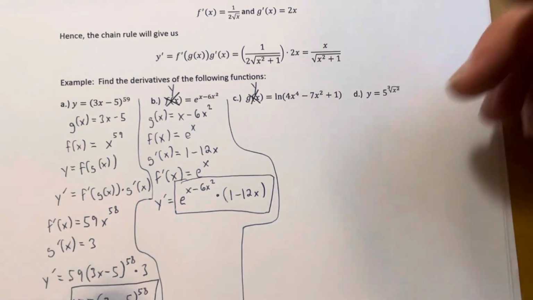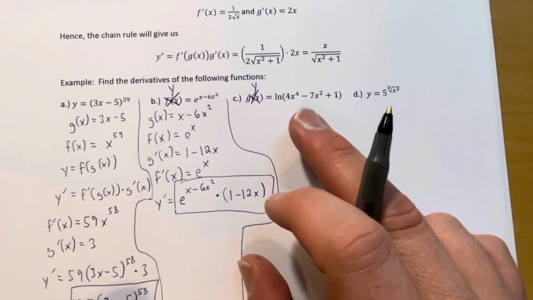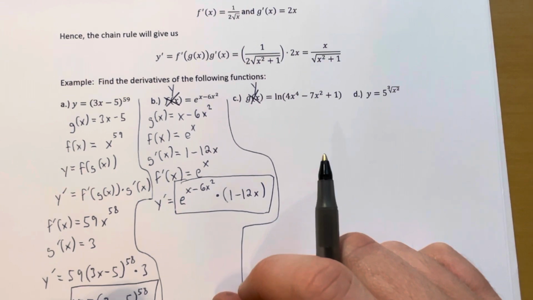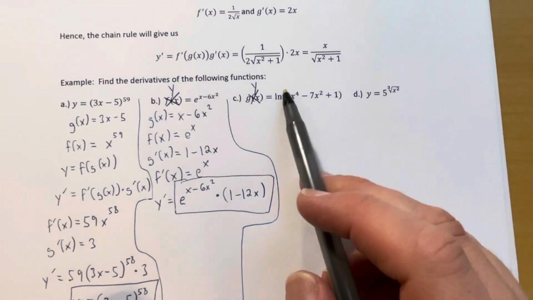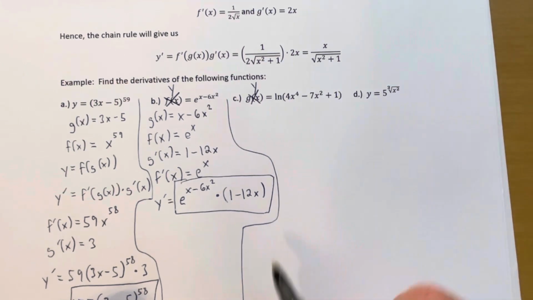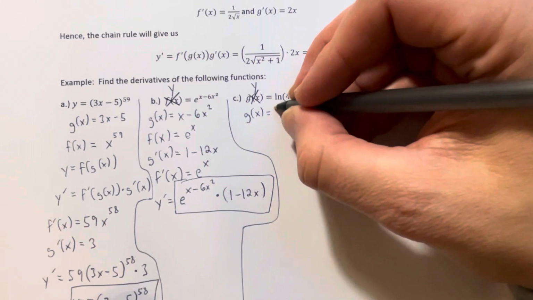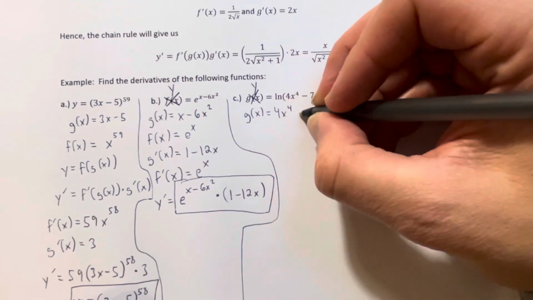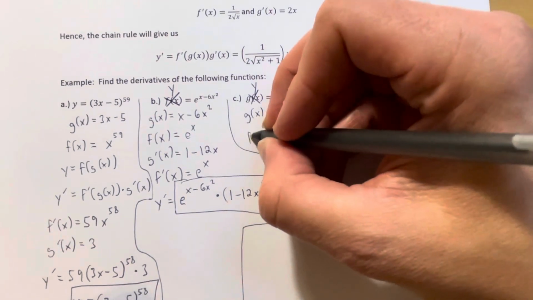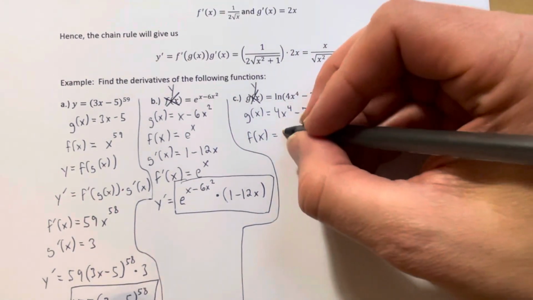All right, let's try another one. So here we have y equals the natural log of 4x to the fourth minus 7x squared plus 1. And in this case, I do have a set of parentheses, so that indicates that I should choose the stuff in parentheses as my inside function. g of x is equal to 4x to the fourth minus 7x squared plus 1. f of x is whatever's on the outside, natural log.